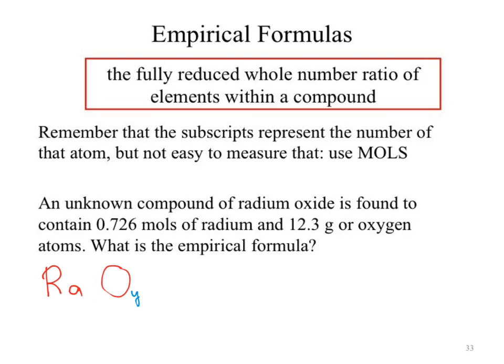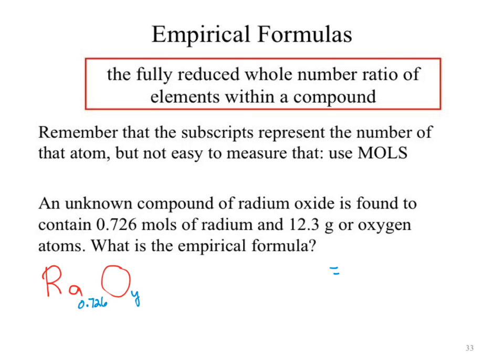We know the moles of radium are actually 0.726. It's a really weird looking formula. Why is that a weird looking formula? It's not a whole number. Okay, it's because we haven't solved for it yet. What we're trying to do is start to bring some of this information in. Do we know the moles of Y? We could figure out. Okay, how do we figure that out?